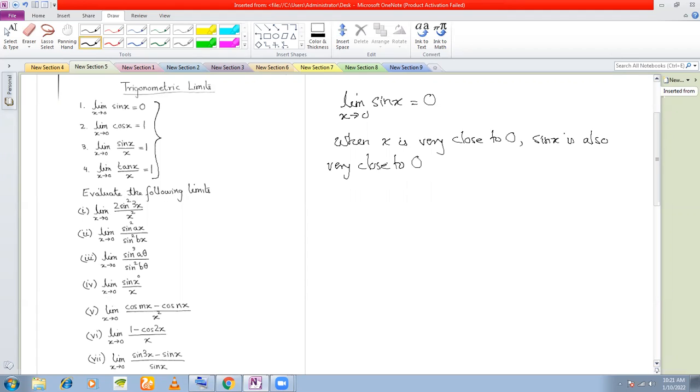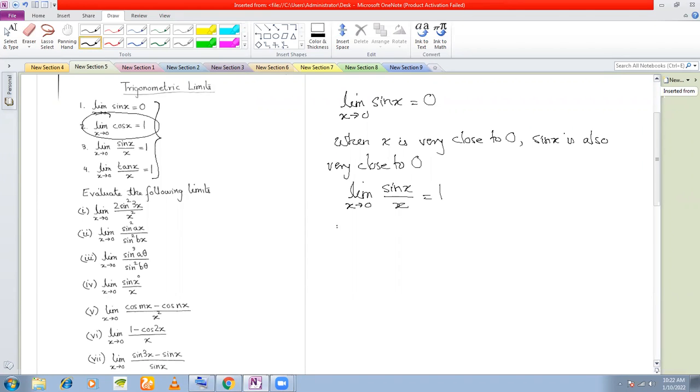Understood? Similarly for cos x, if limit x tends to 0, cos x is equal to 1, that means when x is very close to 0, cos x is very close to 1, right? But what does this limit mean? Limit of sin x by x is equal to 1.